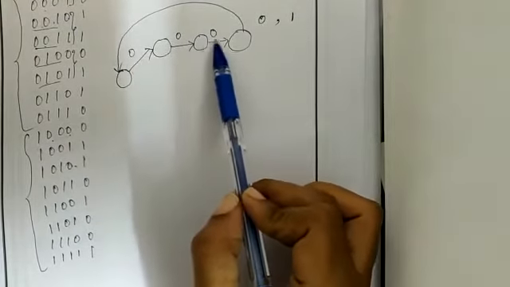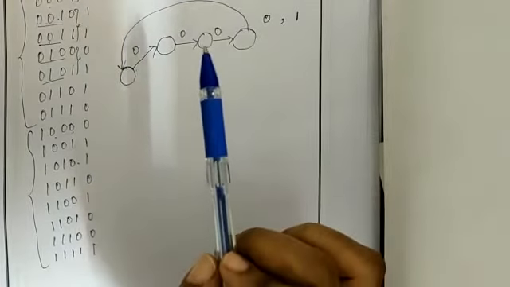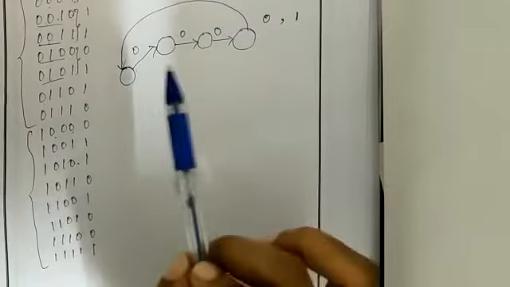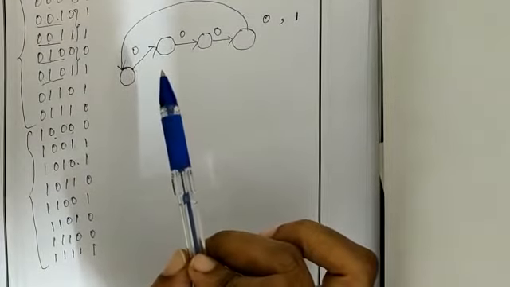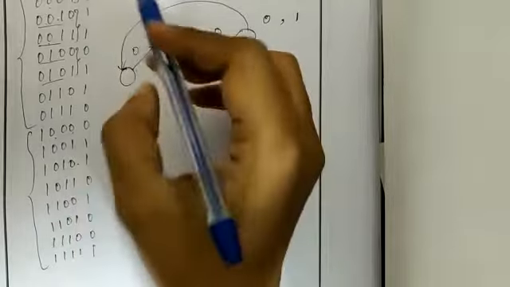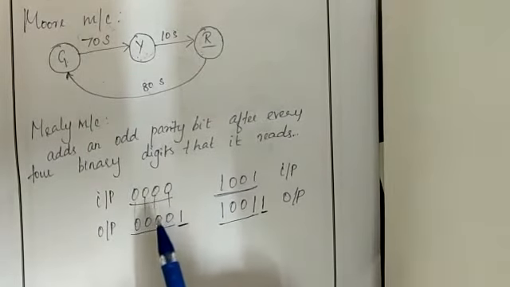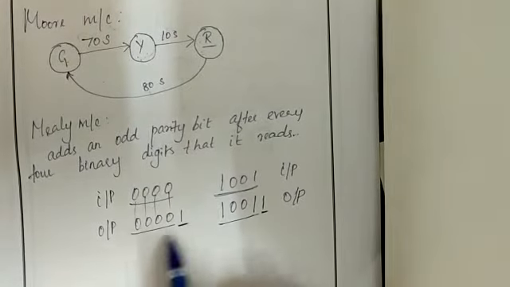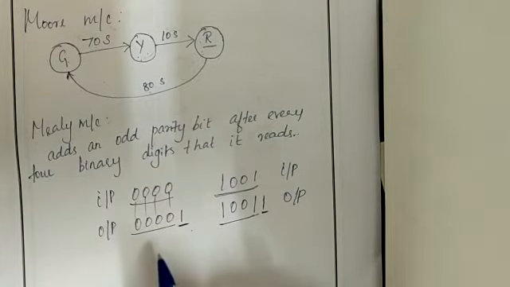Right? So taking these 2 combinations, I have just made this. The first 3 bits are the same. The fourth bit can be either 0 or 1. Now I am drawing my Mealy machine. As I said before, every state is associated with an output. And here also I told you, input will be a 4-bit number, output will be a 5-bit number. How do I get this 5-bit output?